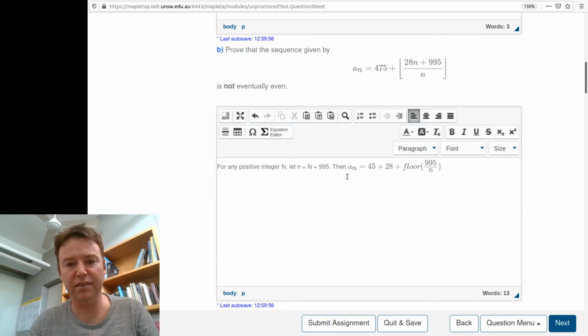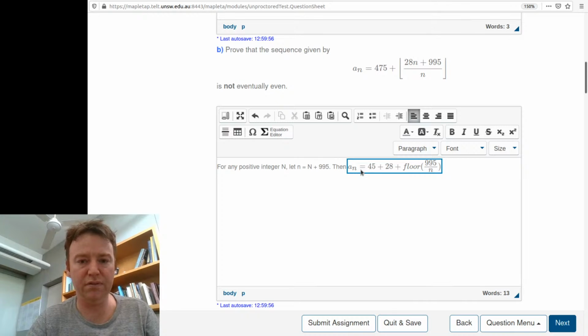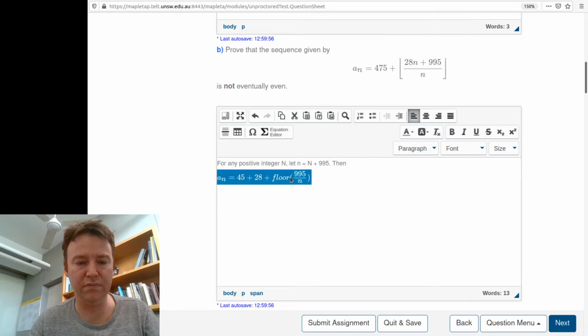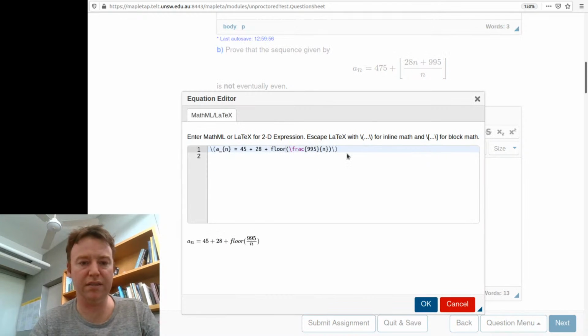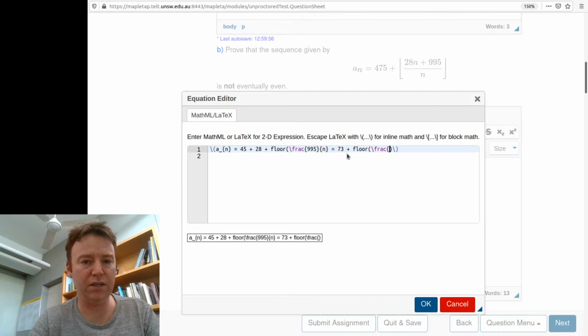Then a_n is equal to that, which equals 45 plus 28 is 73, plus floor of 995 over n.